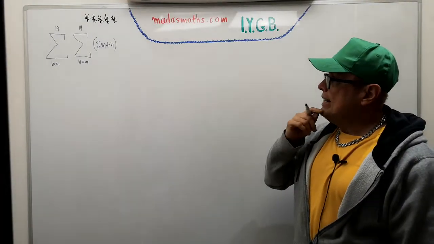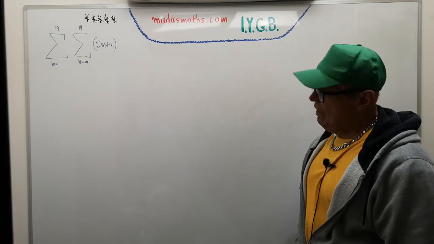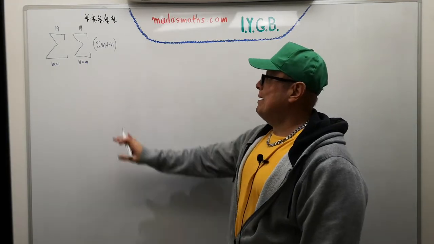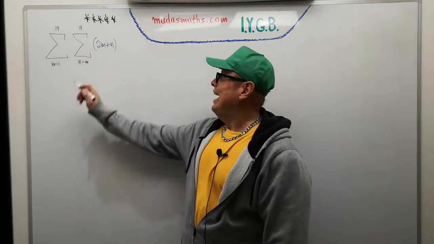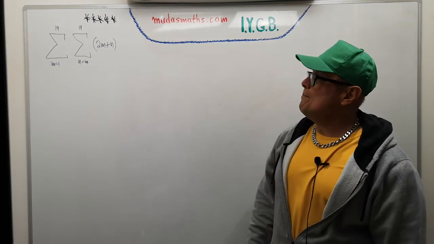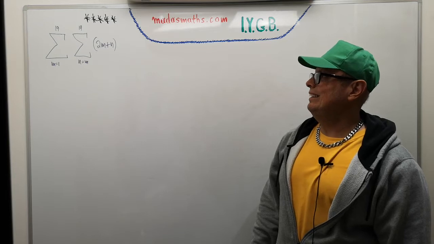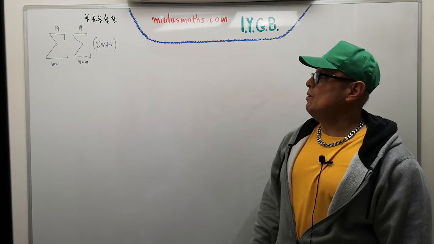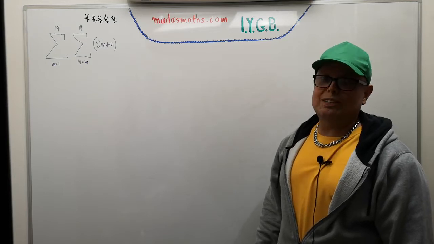So let's have a think how we're going to approach this. What is different about this particular double series? The problem is this: n is equal to m to 19, and m is equal to 1 to 19. The question is, what does that even mean?